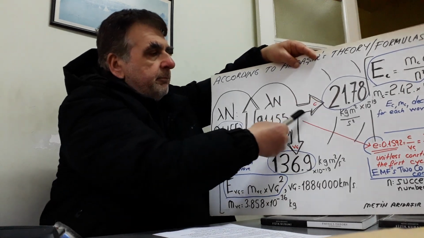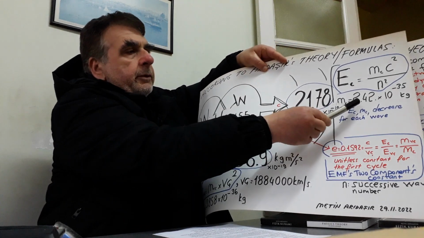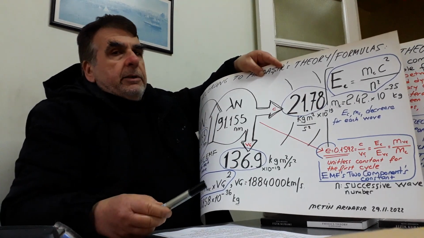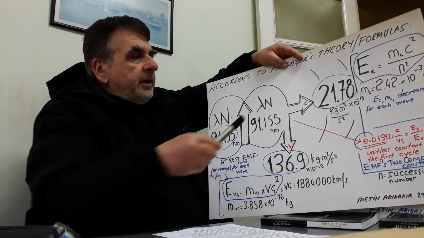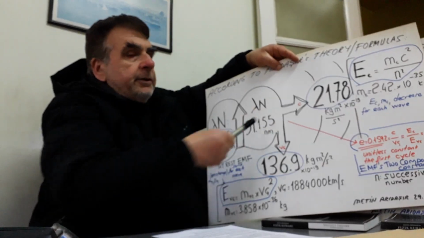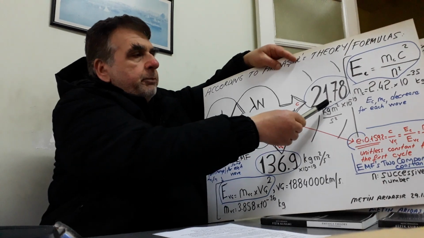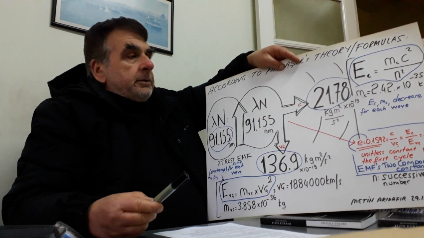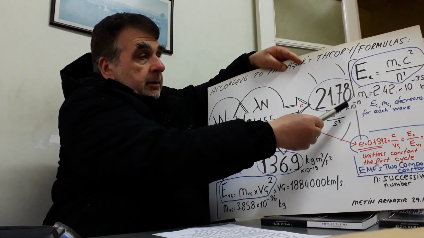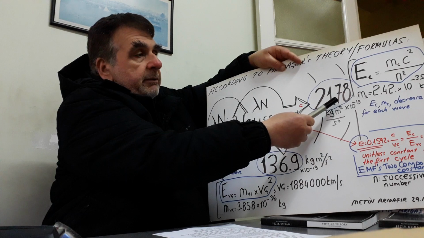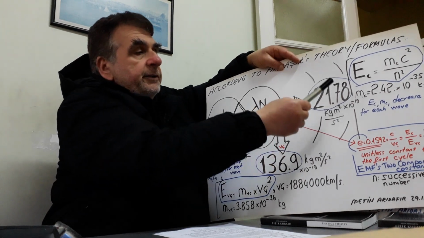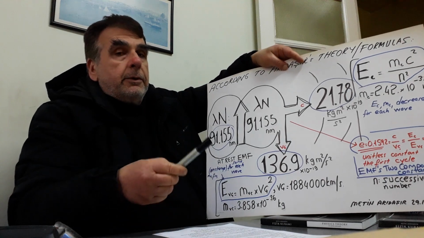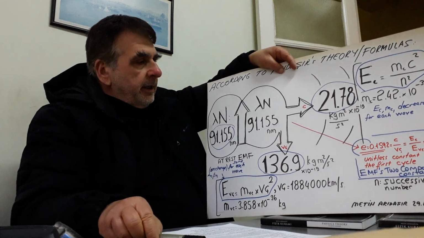C direction component mass is 2.42 10 to the minus 35 kilogram, and C component energy is 21.78 10 to the minus 19 kilogram meter square divided by second square, or joule. Yes.